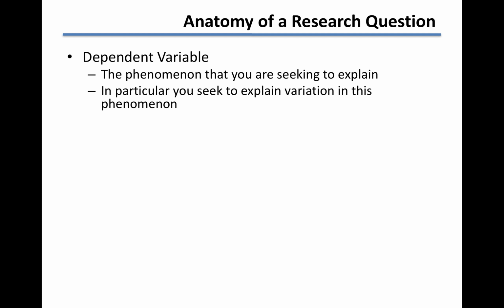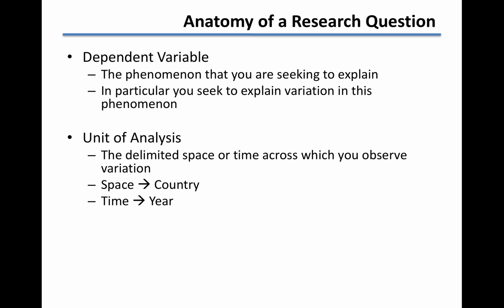In that case, the dependent variable would be wealth. We're seeking to explain variations across countries in wealth. The unit of analysis, which for all of you will be country, as I mandate, but still important that you explicate the unit of analysis within your research question.